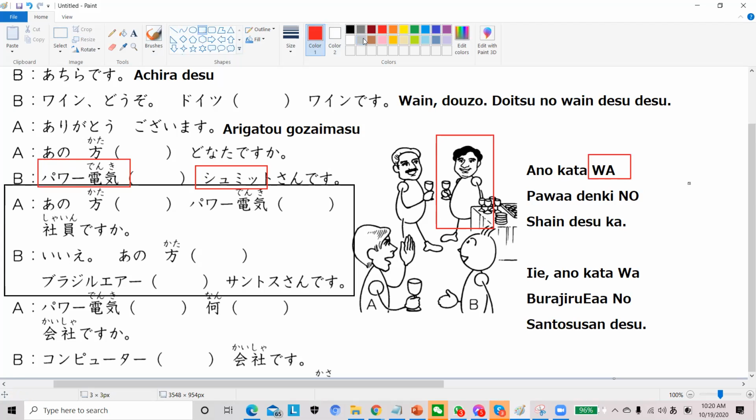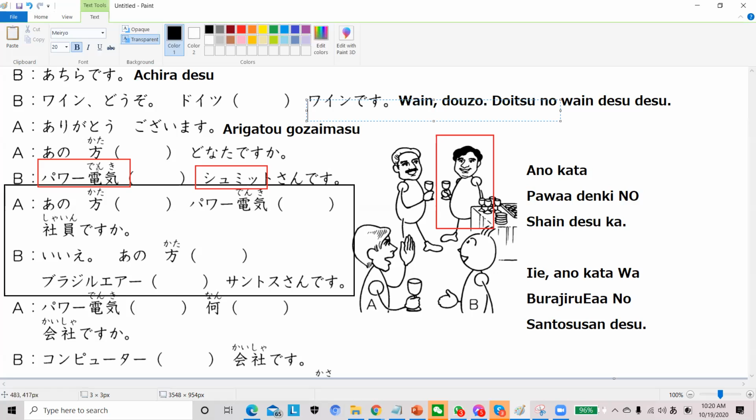So it will become what? What should be the answer? What is our answer, Pamela? Ga. One more. Answer is? Ga. Why ga? Remember, Shimito works in Pawa Denki.